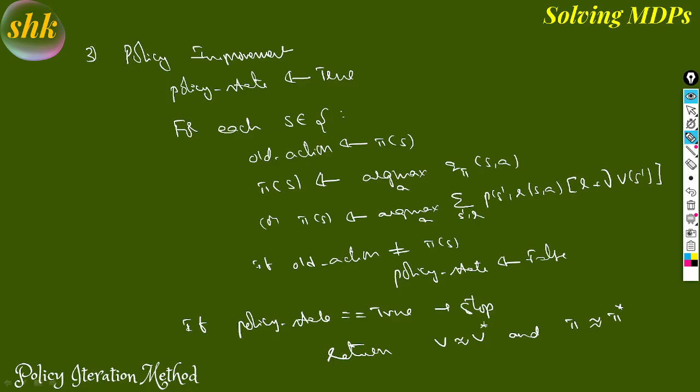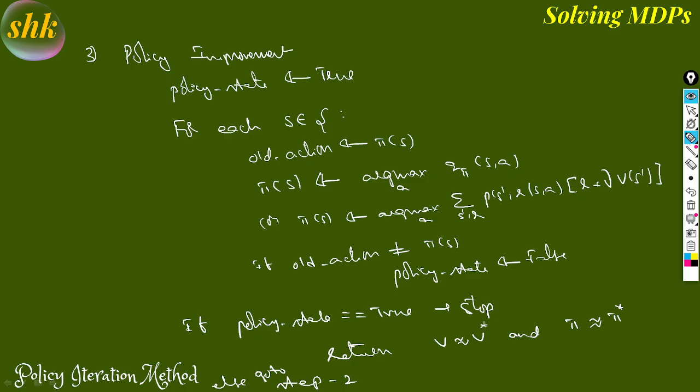Otherwise, if the policy state is false, that is else, go to step 2. In step 2, we do policy evaluation again, then come to policy improvement. So this is an iterative process until the policy state is true.